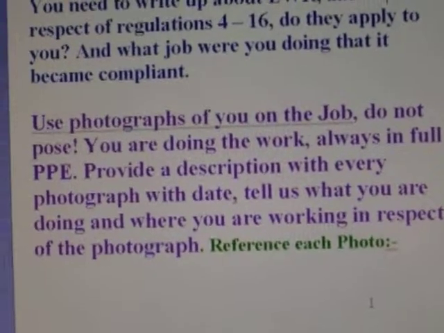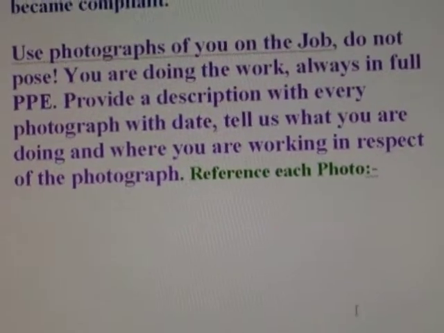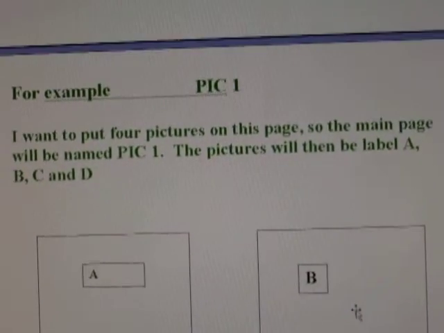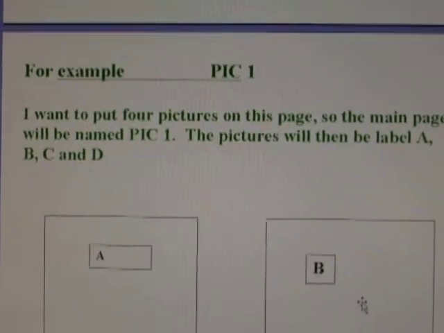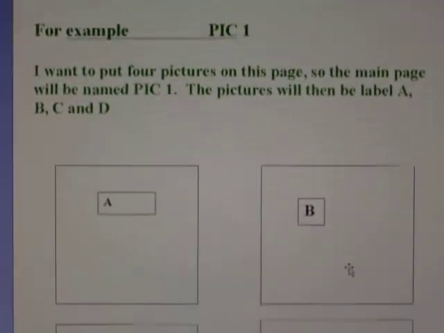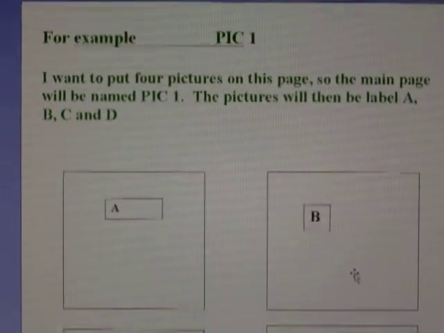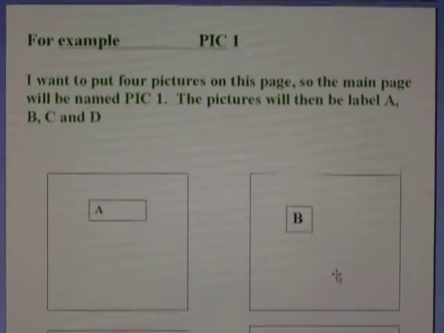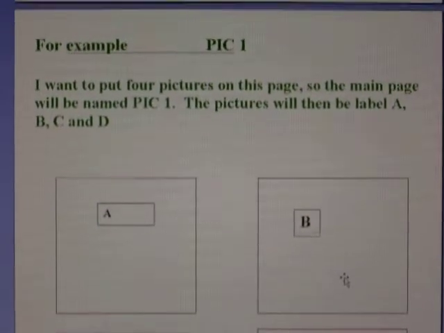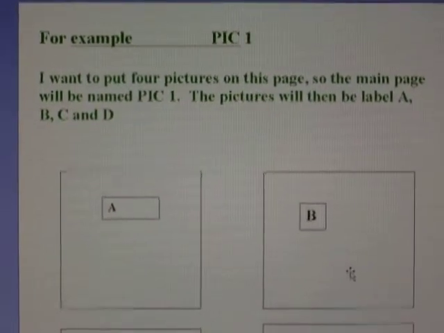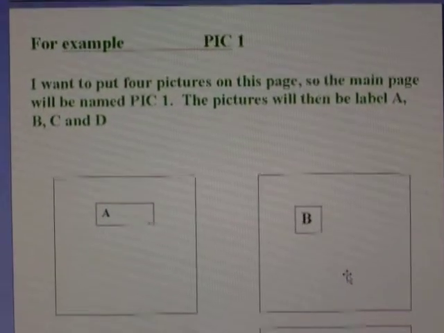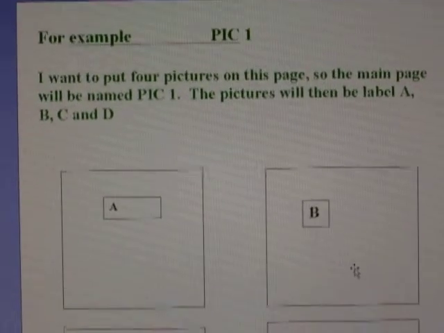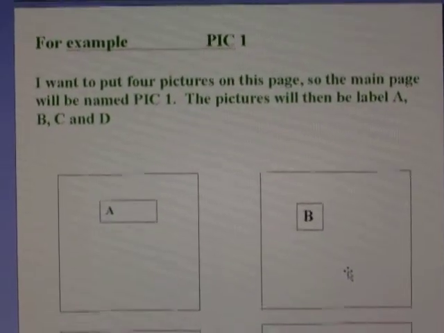Now I've gone on to give a little pictorial representation as to how the photographs might be referenced. For example, here I'm on an A4 sheet of paper, and I want to put 4 photographs on that sheet. I can put my description either below it, or in reference to the photograph on the next page. So the main page will be named Pic 1.